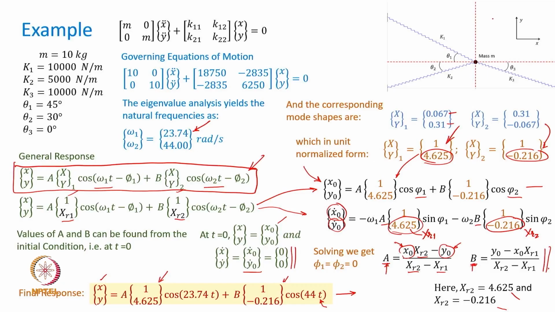Now I can have the initial position at t equal to 0 somewhere here. So this value will become y naught and this value will become x naught. That is my initial position of this mass, which I will pull and take it there and then release it. The three springs are going to pull it back and forth, and that's how the vibratory motion will ensue.